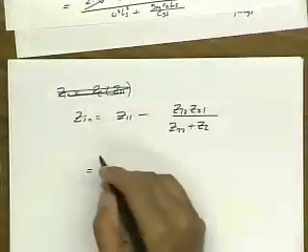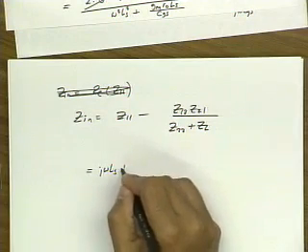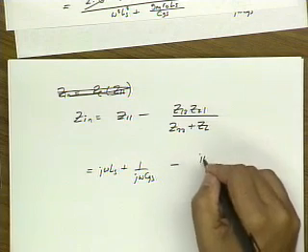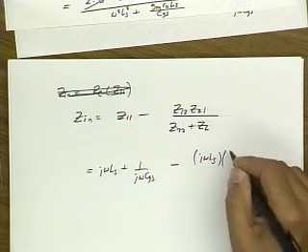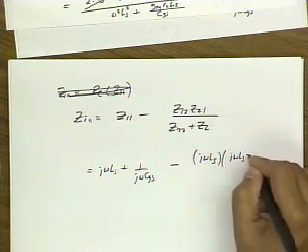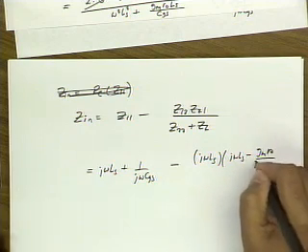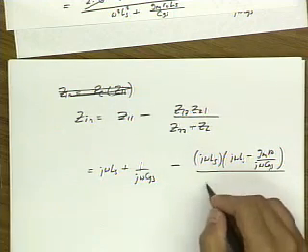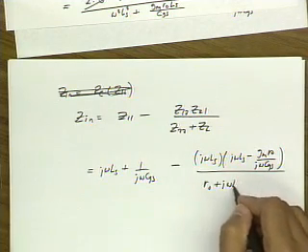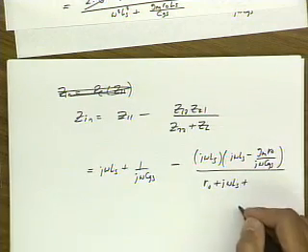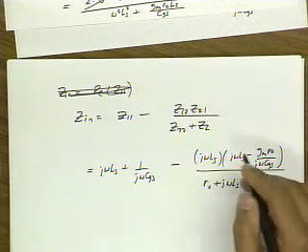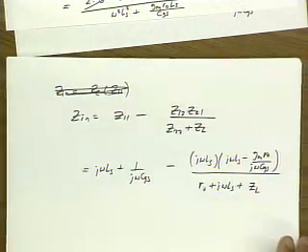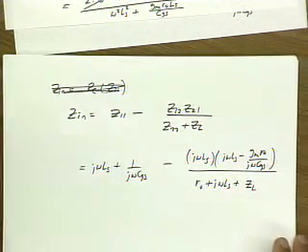So Z11 is j omega Ls plus 1 over j omega Cgs, minus Z12, which is j omega Ls, Z21 is j omega Ls minus gm Ro divided by j omega Cgs, divided by Z22, which is Ro plus j omega Ls plus ZL. Okay? So now let me find the real and imaginary part of this expression.